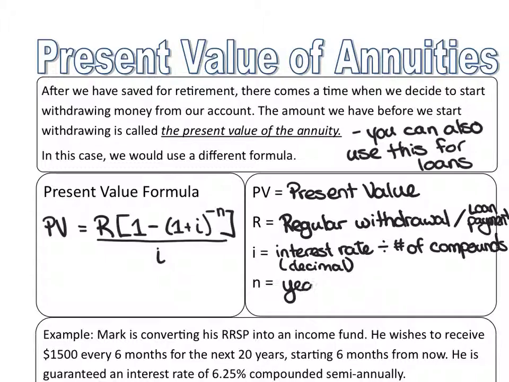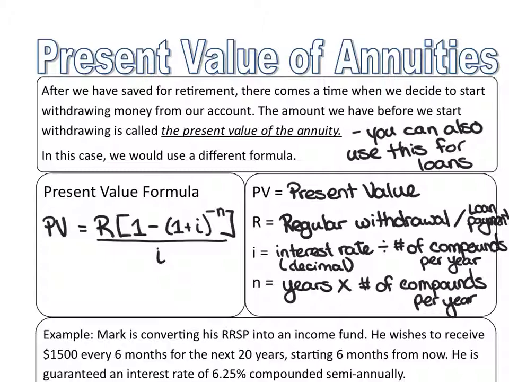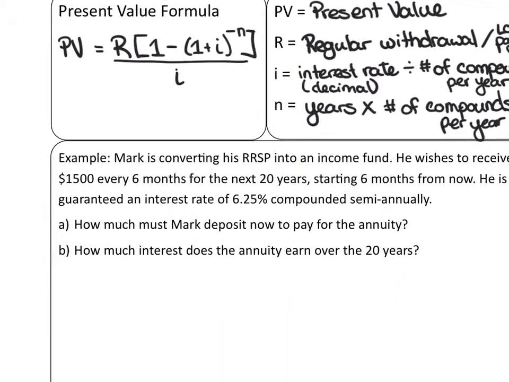It's your number of years times the number of compounds per year. So if it's monthly, it would be 12. Let's look at an example and we'll see exactly how this works.